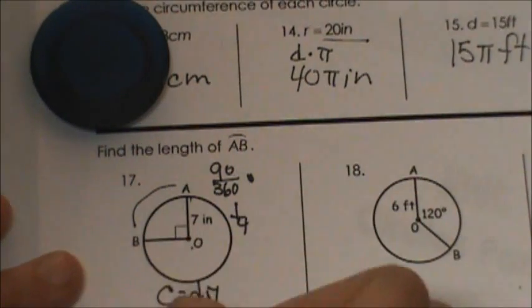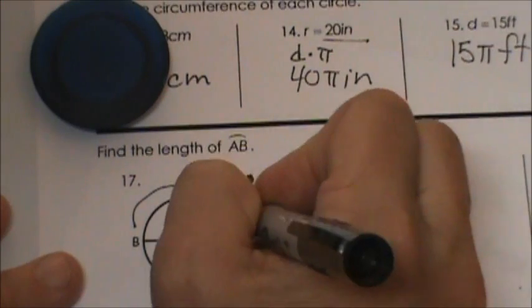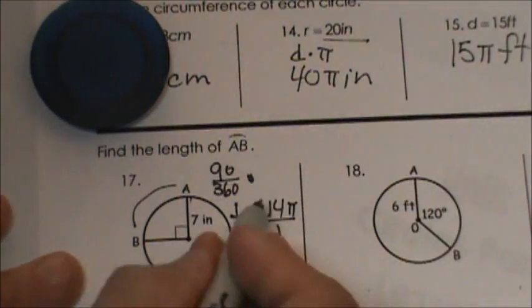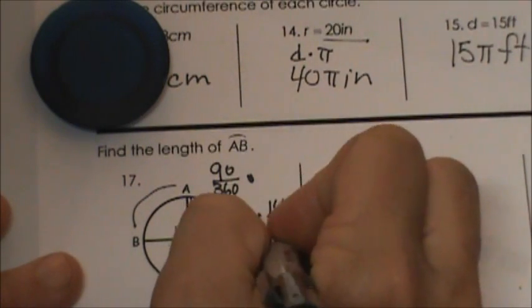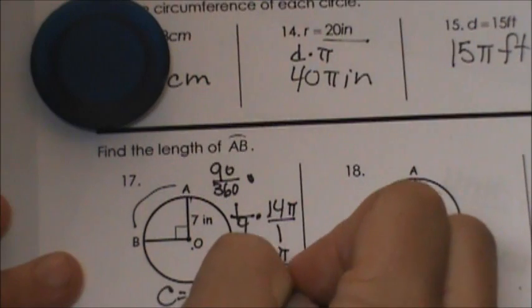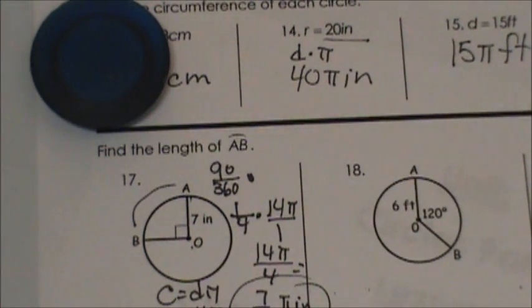The radius is 7, diameter is 14. So what's 1/4 times 14 pi over 1? Multiply across: 14 pi over 4, so 7/2 pi, and that's in inches. So that would be the length of AB.